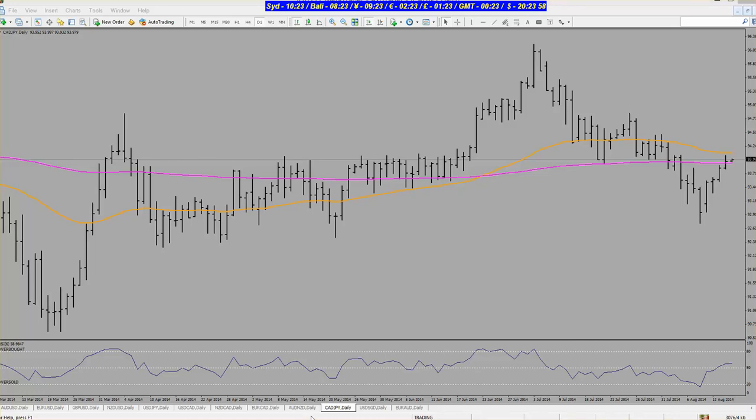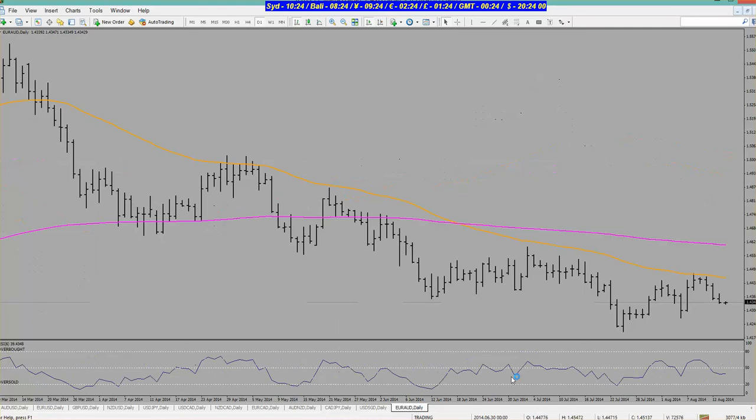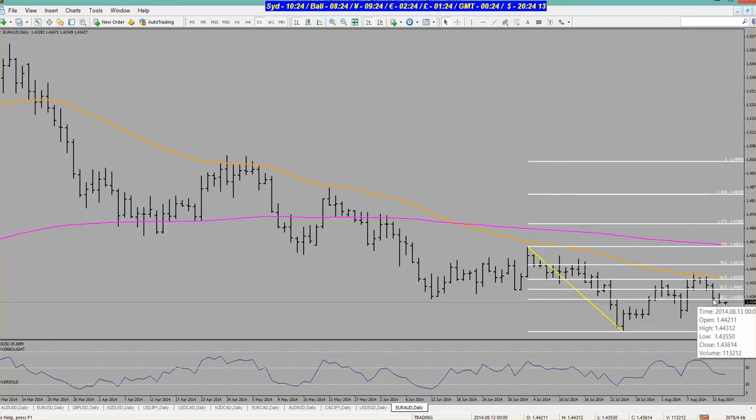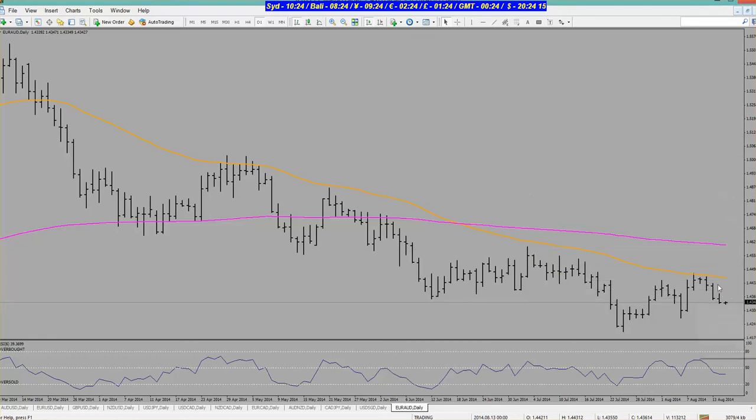Euro Aussie short. Yeah, look, certainly, again, this should have been looked at after this seller bar at least, because prior to that we just had an inside day, then an engulfing seller day, then we see the selling.